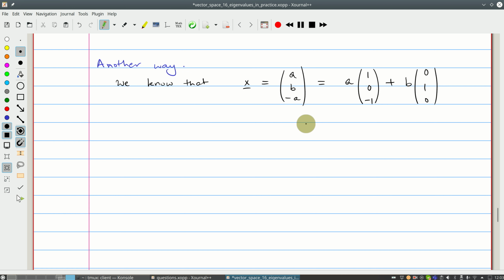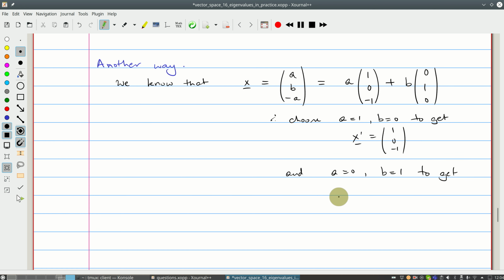So you can therefore choose a is 1, b is 0, which gives us the first vector, x1 is equal to 1, 0, minus 1, and a is 0, b is 1, to give us the second vector, sorry, this is x2 here, equal to 0, 1, 0.